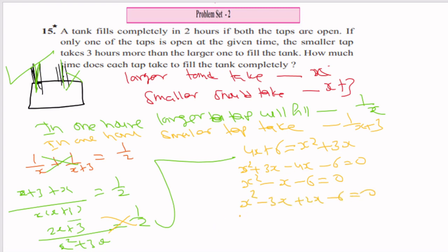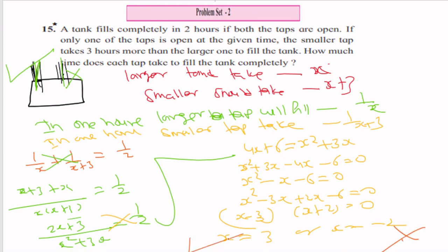You will get two sets of brackets, (x minus 3)(x plus 2). So your answer is either x equal to 3 or x equal to minus 2. We should simply ignore minus 2 and take x equal to 3. So the larger will take 3 hours, and the smaller will take 6 hours.